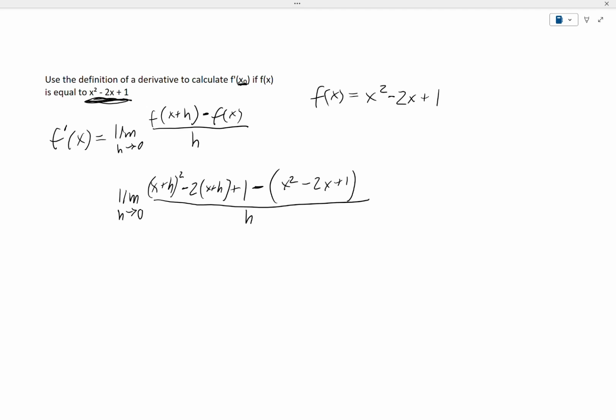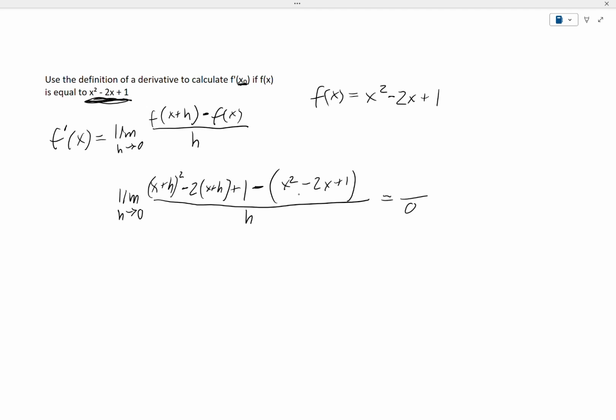So now if I were to solve this limit, what I would normally do is just try direct substitution, because that's going to be the easiest. As you can see, if I were to put in a 0 for every h, I'm definitely going to get 0 on the denominator. In the numerator, this just turns out to be f of x minus f of x if h is 0.